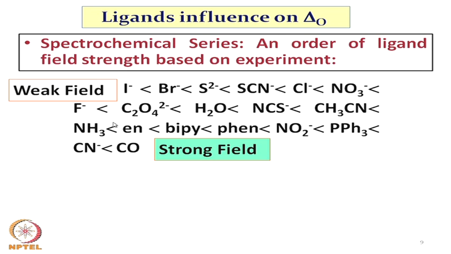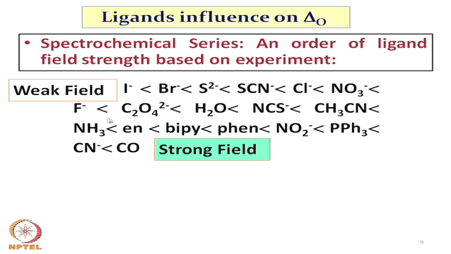So, once we have the coordination from ethylene diamine to a metal ion, then we can go for bipyridyl, then orthophenanthroline. After ethylene diamine it has a chelate effect, which we have discussed earlier. Though oxalate is also a chelating ligand, it is weak in nature, still weaker than the water molecule itself.